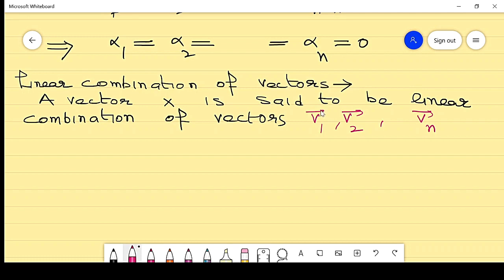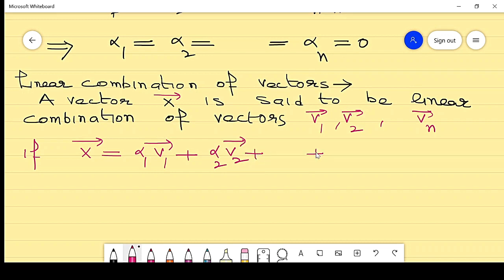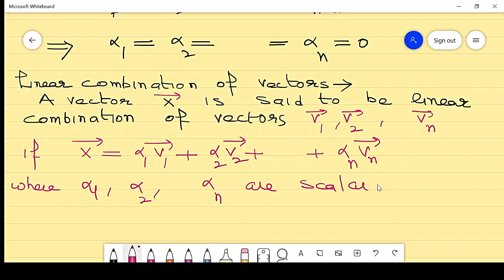So this x is a vector which is a linear combination of these vectors if we can write it as vector x equal to alpha 1 v1 vector plus alpha 2 v2 vector plus alpha n vn vector, where alpha 1, alpha 2 and alpha n are all scalars.